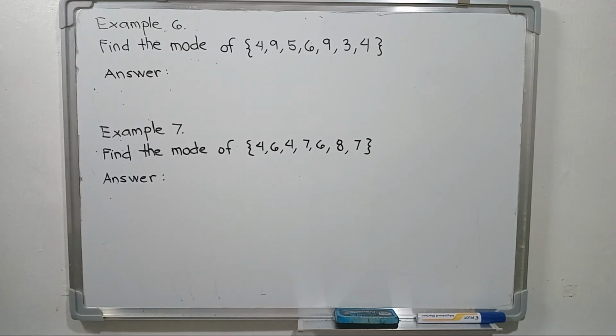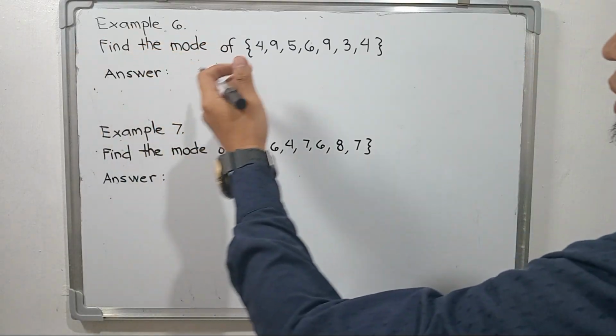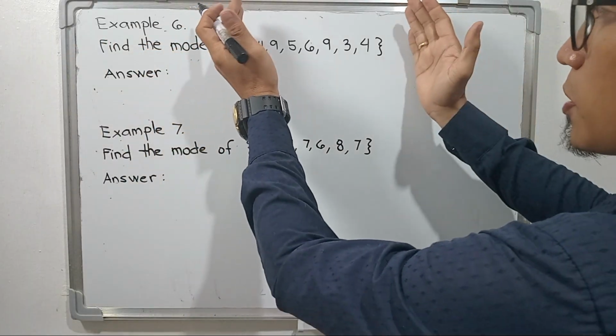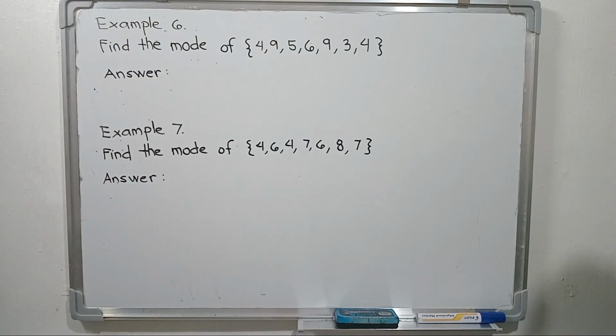Let's have example 6 and example number 7. This will be the last examples for this video. Example 6. Find the mode of this particular data set. So again, what we're gonna do is we will analyze the data set and we will identify the most frequent number.